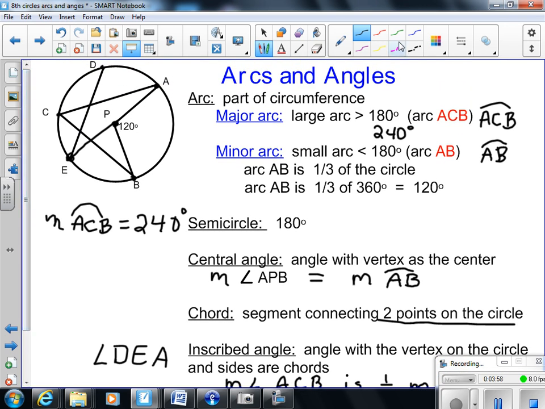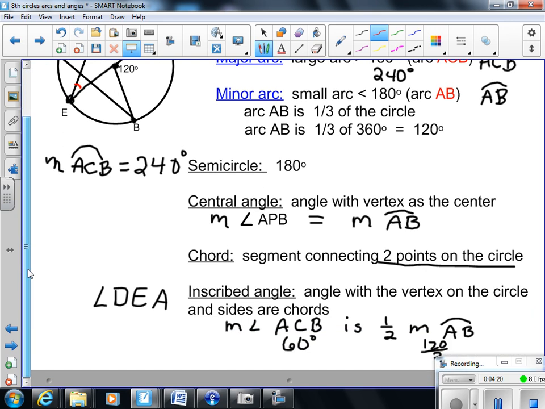So for instance, this angle right here is what we call an inscribed angle. Angle DEA is inscribed. Angle CAE is inscribed because my two sides are chords of the circle and the vertex lies on the circle.